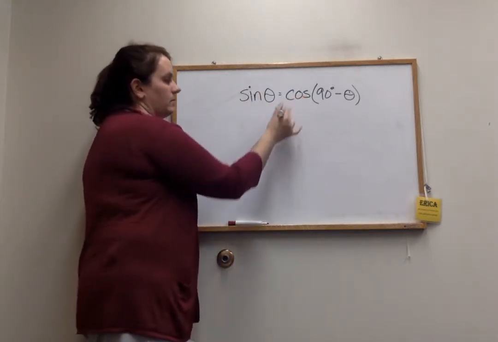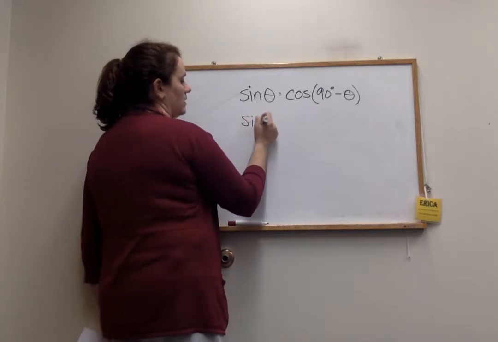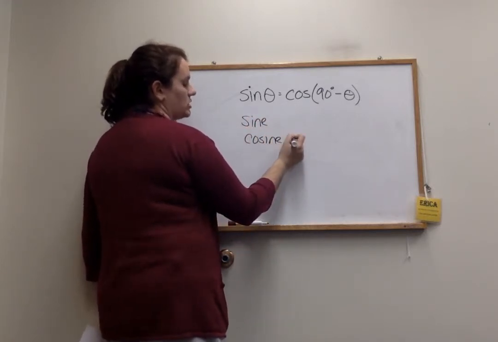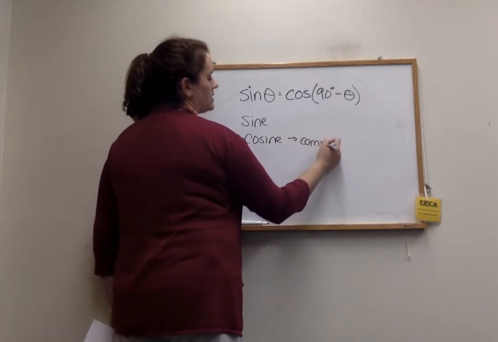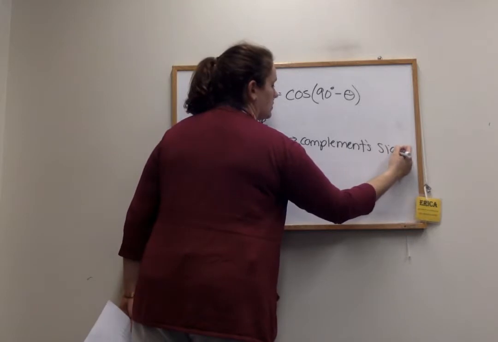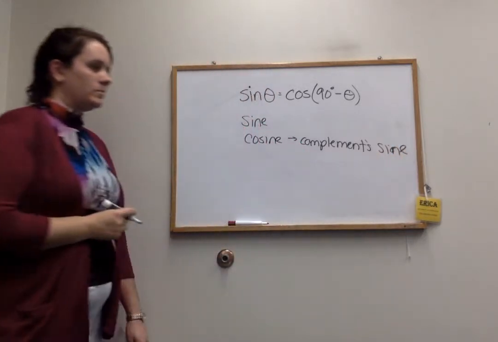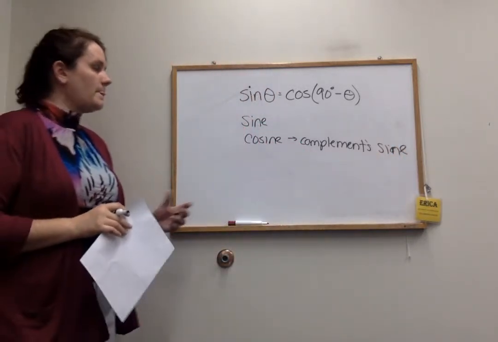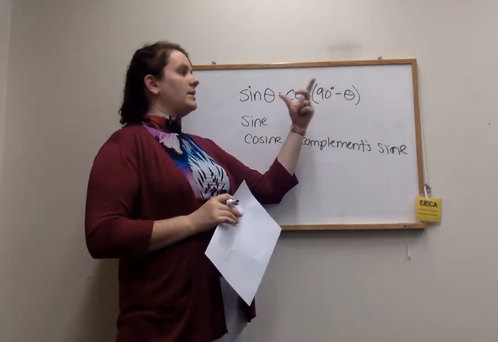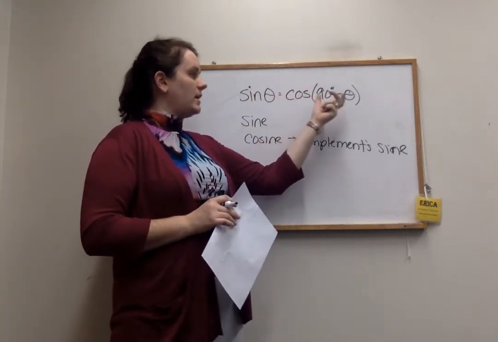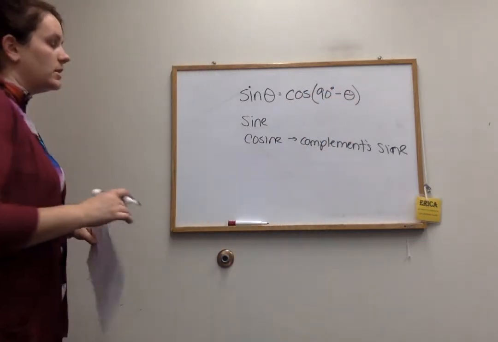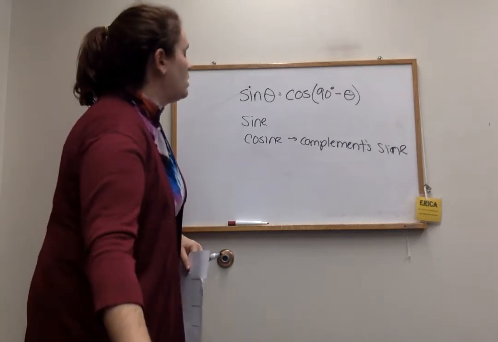The cofunction of sine is cosine, which is short for the complement's sine. So that's why the sine of this angle is equal to the sine of the complement of that angle. That is literally where that comes from.